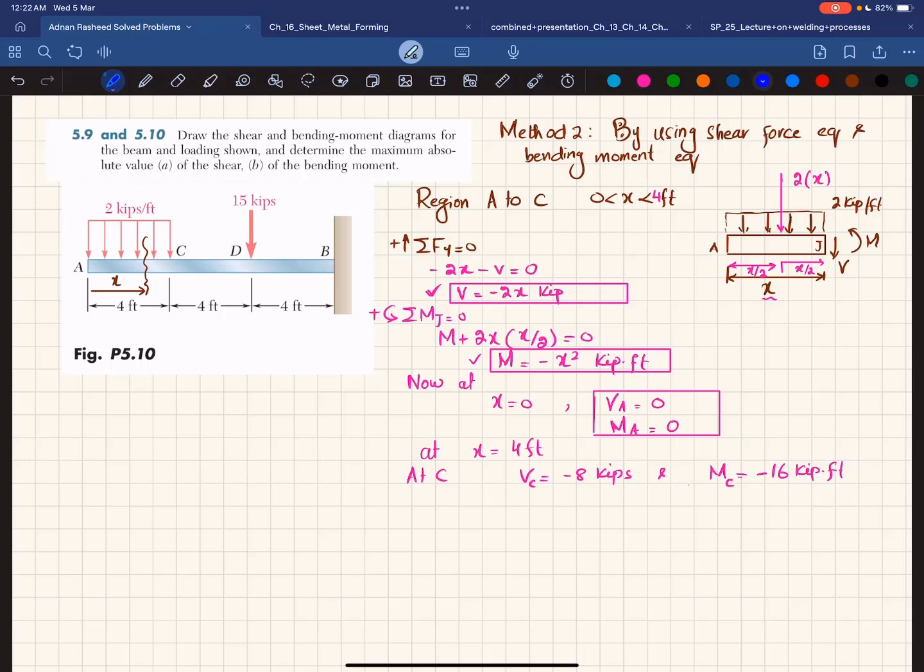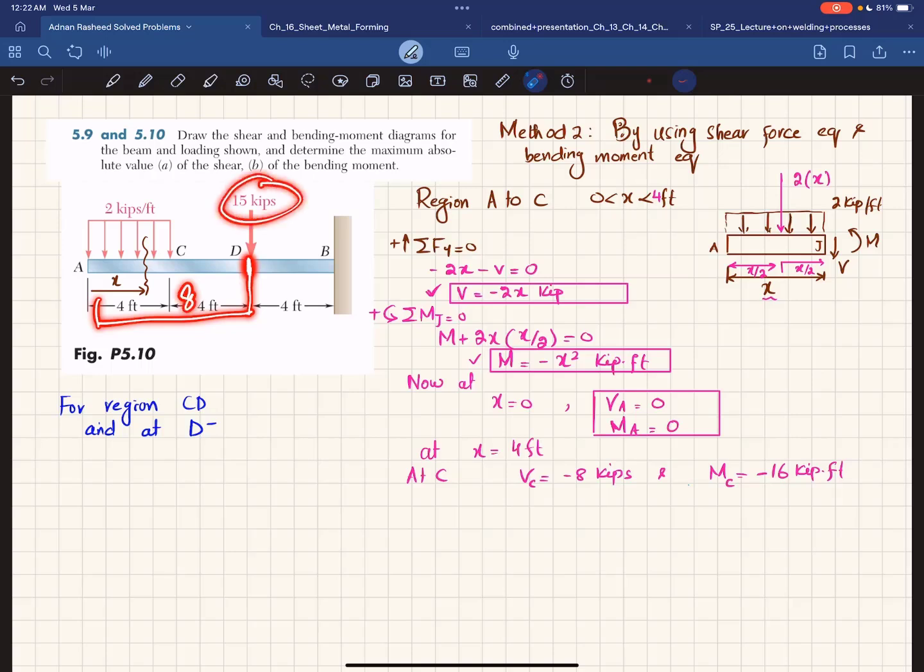Okay, now for the region CD, just at D minus. Now what does D minus show? D minus shows that it is slightly before this point. Clear? Exactly. We can take this distance as 8, but we will not include this 15 kips load.